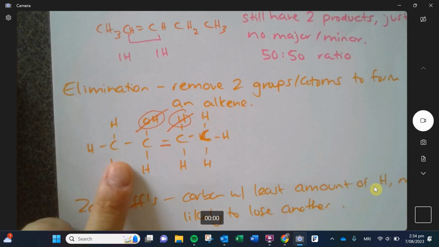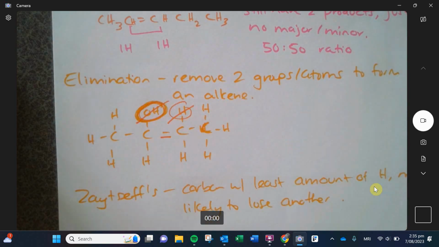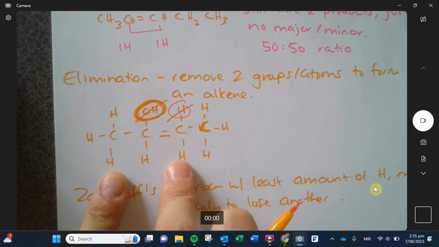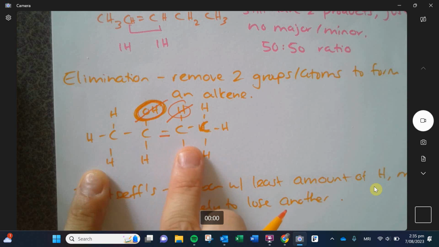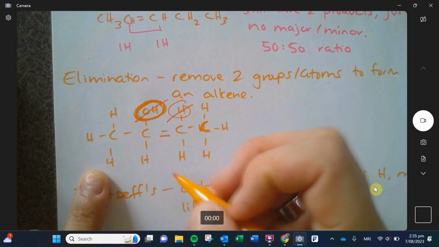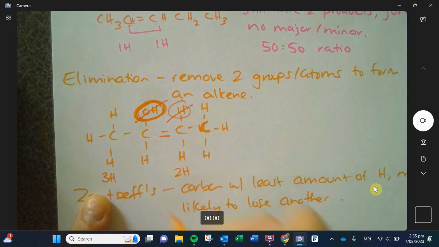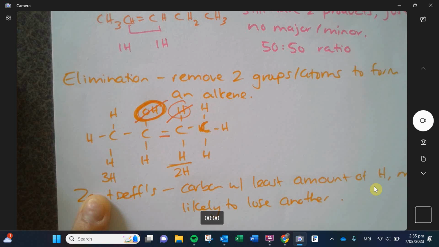So basically, if I was doing an elimination and I wanted to remove the OH, I need to take off a hydrogen from one of the neighboring carbons. So I could either take it off carbon number 1 or carbon number 3. Carbon number 3 has 2 hydrogens. Carbon number 1 has 3 hydrogens. So it's more likely that I'm going to lose a hydrogen off of carbon 3.